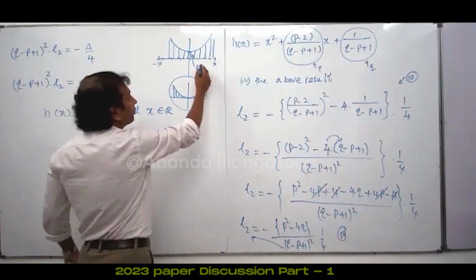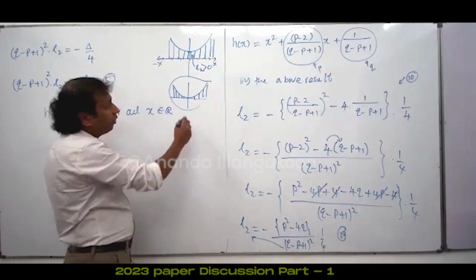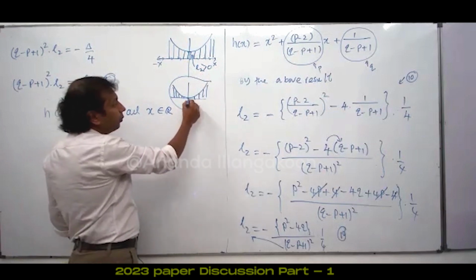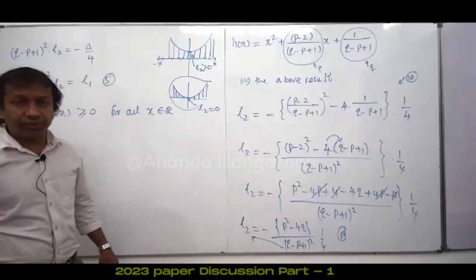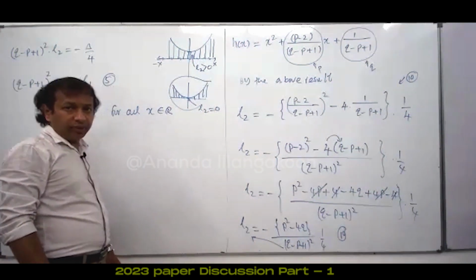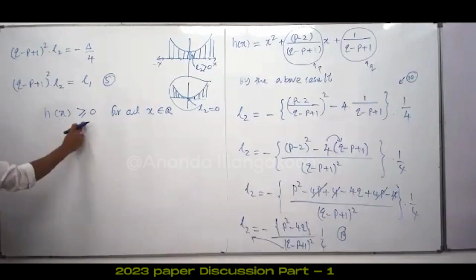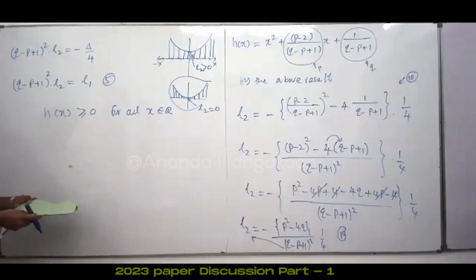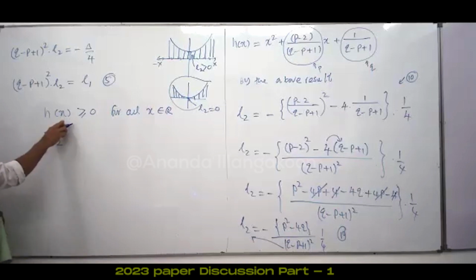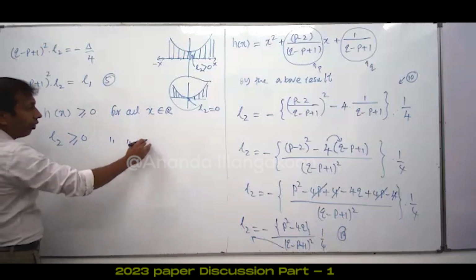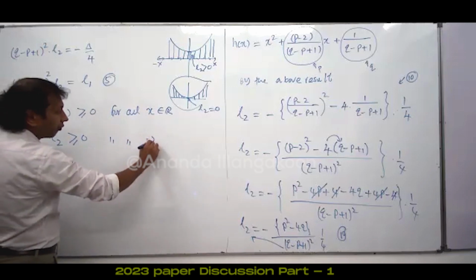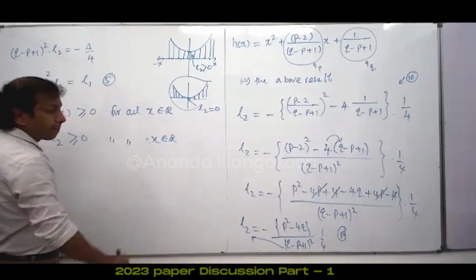L2 positive. In this case, L2 equals 0, the minimum value of hx, right? That means in order to occur this, what can you say is, people, L2, the minimum value of hx, should be greater than or equal to 0 for all real values of x.